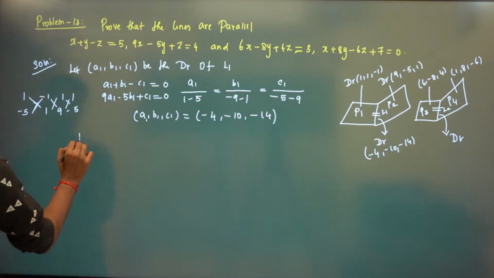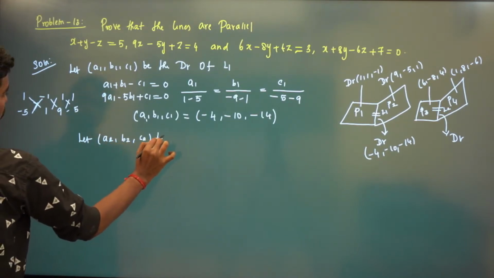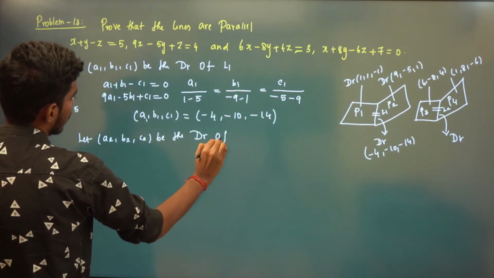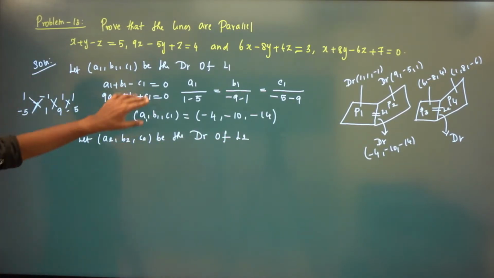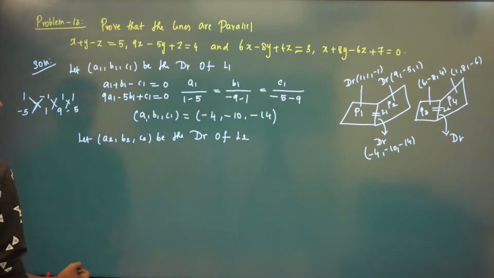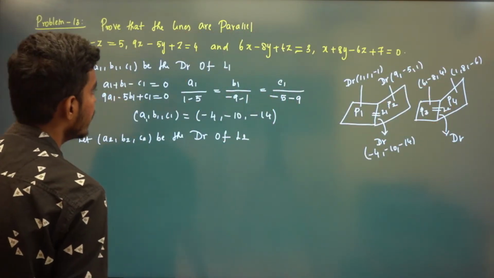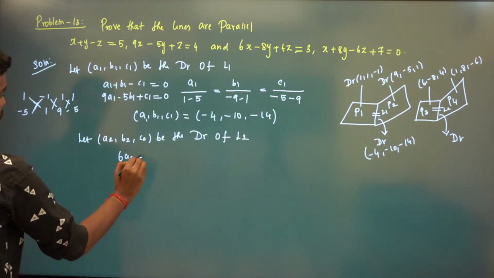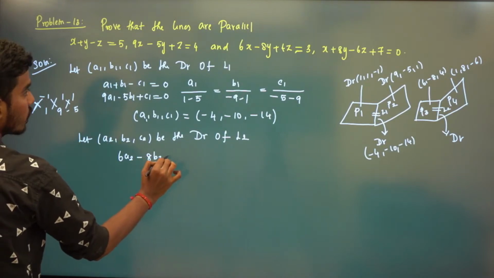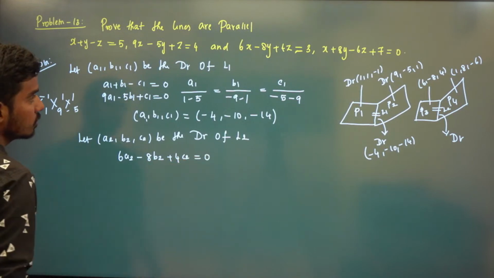Similarly, let A2, B2, C2 be the direction ratio of L2. See, what is L1? L1 is this line and L2 is this line, right? That's a diagram. Now similarly, they will be perpendicular, so we have 6A2 minus 8B2 plus 4C2 is equal to 0.